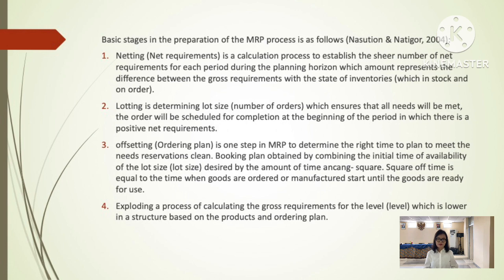The order will be scheduled for completion at the beginning of the period in which there is a positive net requirement. Third, offsetting, or ordering plan, is one step in MRP to determine the right time to plan to meet the reservation needs. The booking plan is obtained by combining the initial time of availability with the desired lot size.